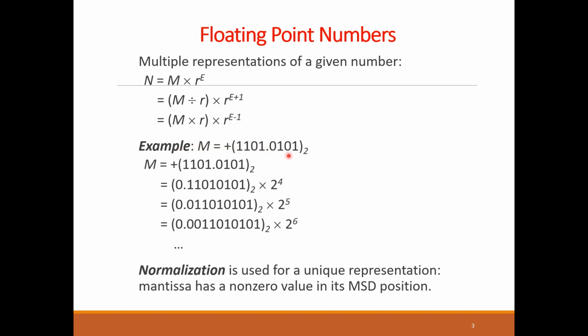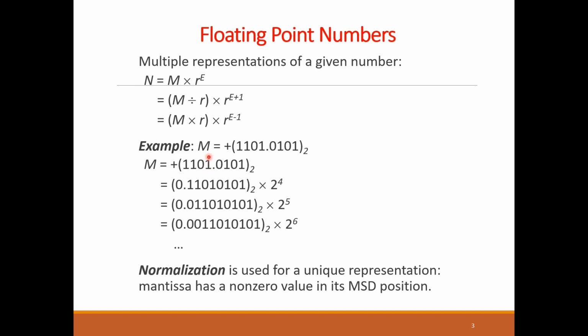As a practical example, if m is my number, a binary base number 1101.0101, this number I am representing by moving the binary point in front of all digits, and because I am moving it towards the left 4 bits, I am multiplying it by 2 to the power 4, because you know each position has a weight of 2.